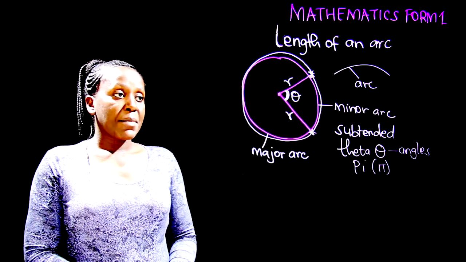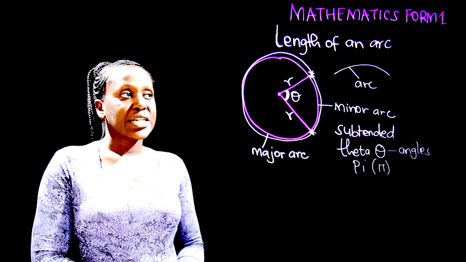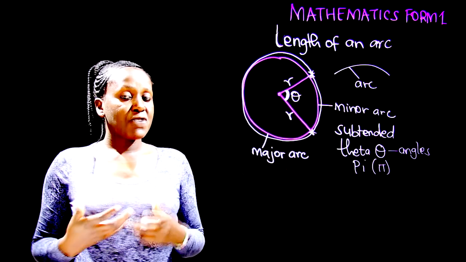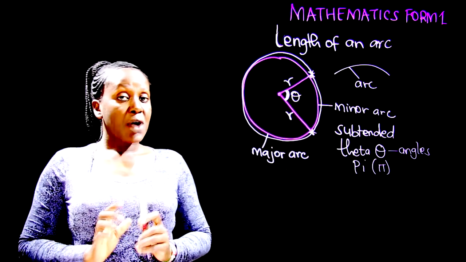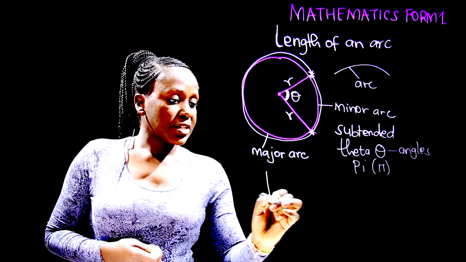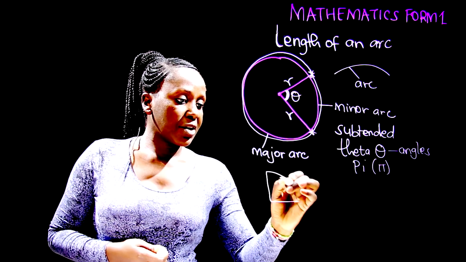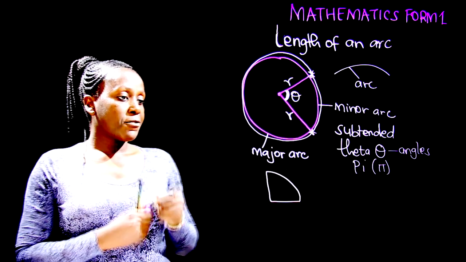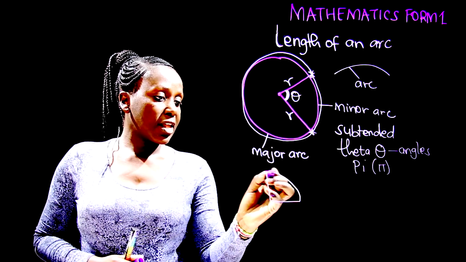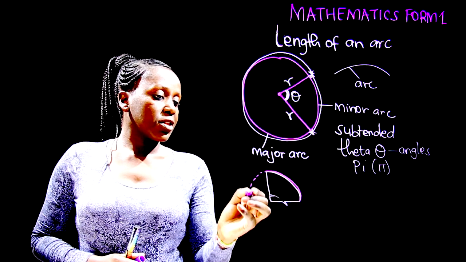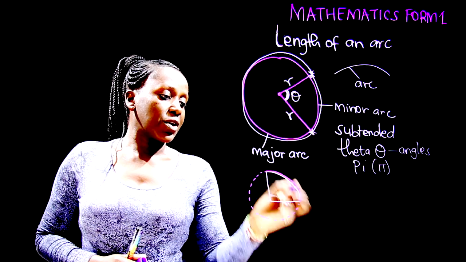Now for us to come up with the formula for calculating the length of an arc, we are going to use something that is more familiar to us. If you have a quarter of a circle, okay, if this is a quarter of a circle, then you realize that if you are asked to determine the length of this quarter of the circle, this is a quarter circle and so on.